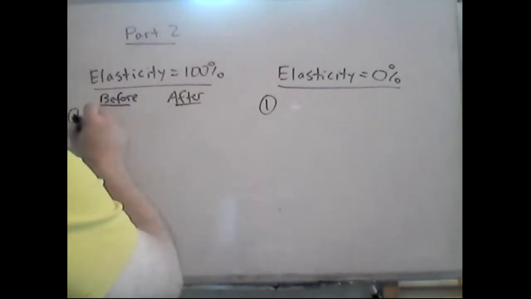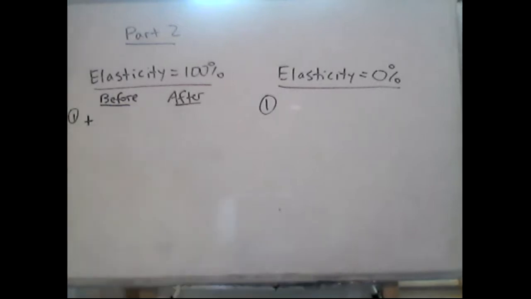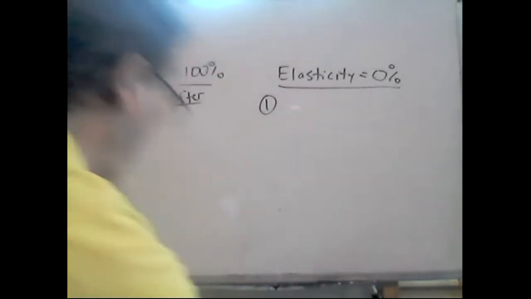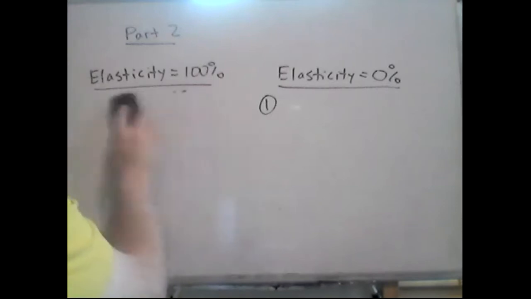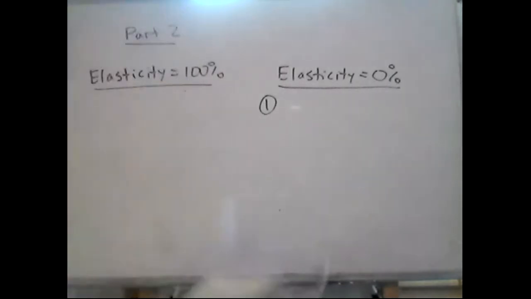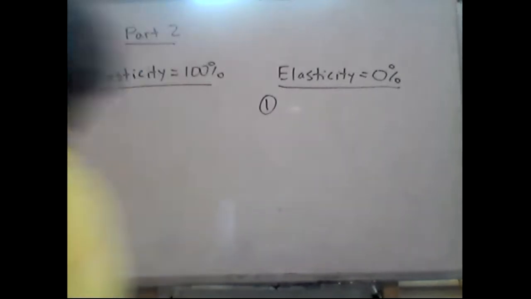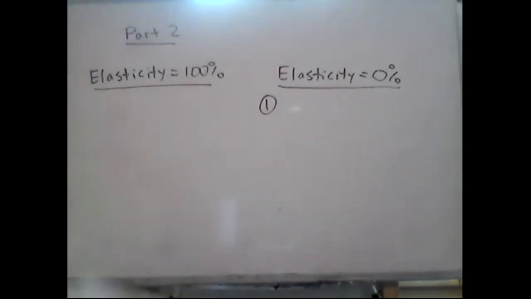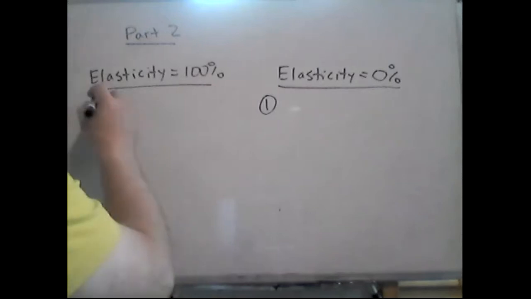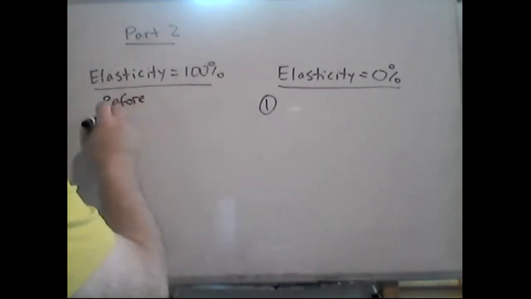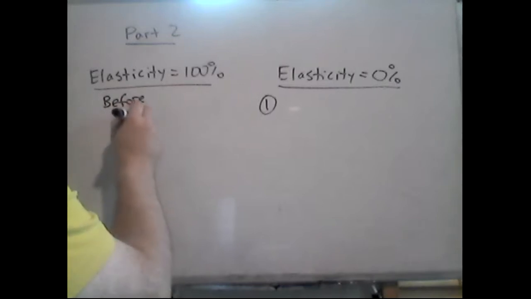What am I going to write to do myself a favor, so I don't have to keep on writing the units? Whatever all this stuff says before, I would just put kilograms meters per second.